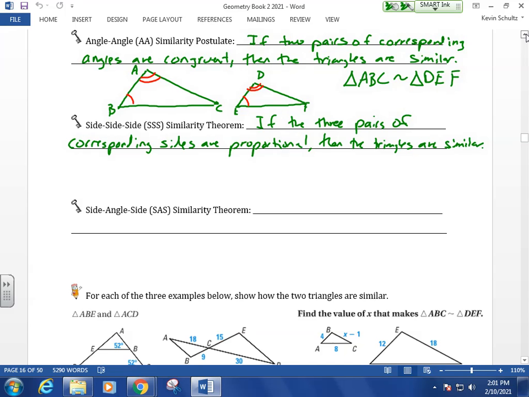So again here, let me try and draw two similar triangles. One a little bit smaller than the other. Okay, we'll label our points A, B, C, and D, E, and F. And side, side, side here has nothing to do with angles.